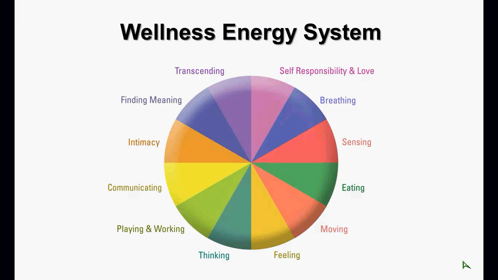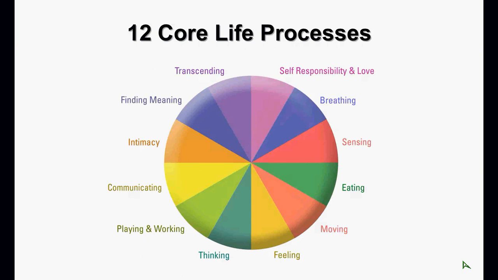But we over-output, and now we're sort of going 24/7, and we're wired to every conceivable device, so we're constantly outputting, and we're not putting enough back in, so that's really a recipe long-term for burnout and for basically ill health and low performance. So it's sometimes easier just to look at these as 12 core life processes.